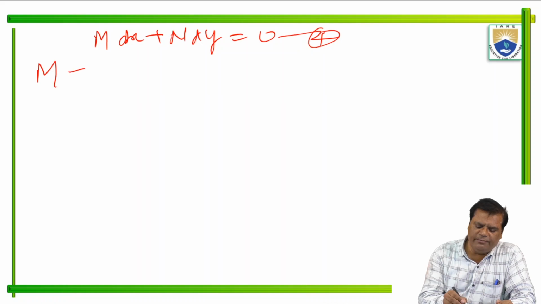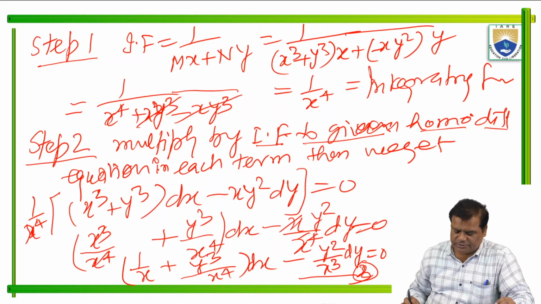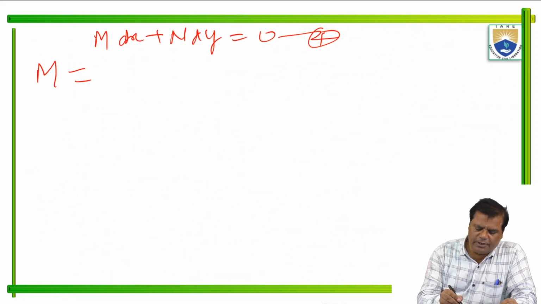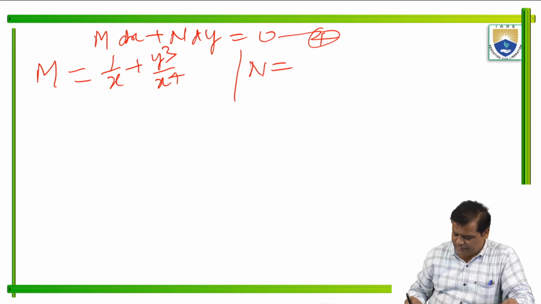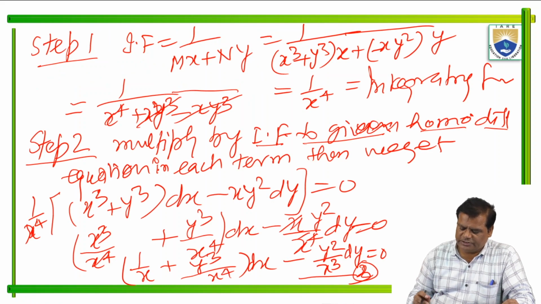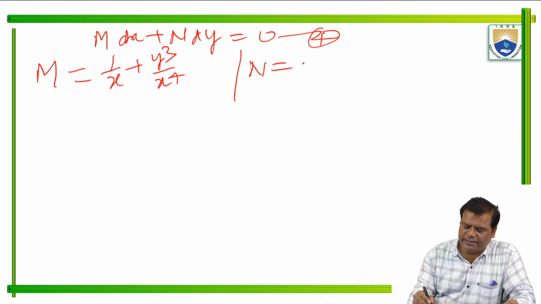So what is M? M is 1 upon x plus y cube upon x to the power 4. And what is N? N is minus y square upon x cube.